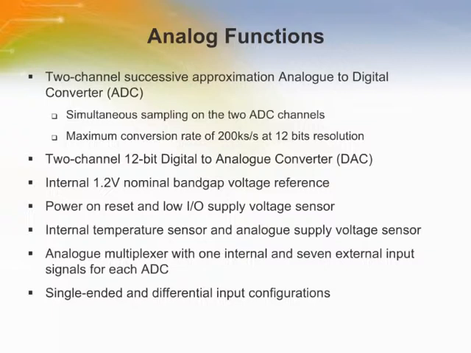Both ADC channels have their input signals connected via an 8-way analog multiplexer. The DAC is an asynchronous 2-channel 12-bit digital-to-analog converter. The analog module includes an internal band gap voltage reference nominally at 1.22 volts for use with the ADCs and the DACs.